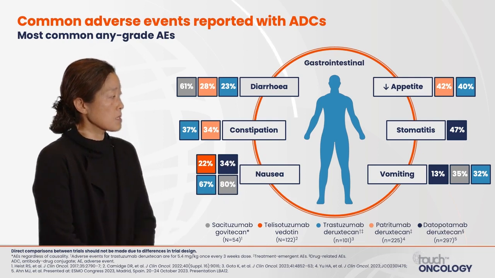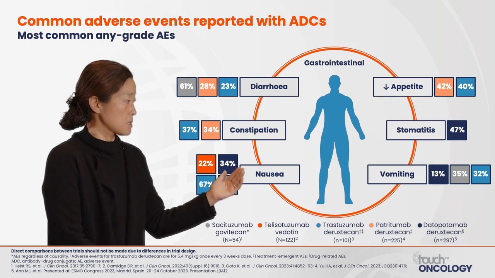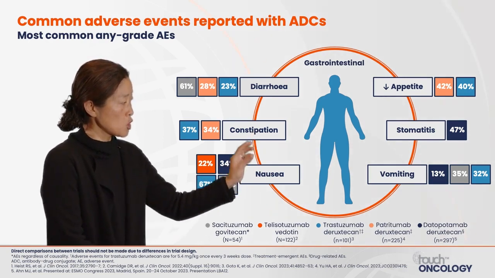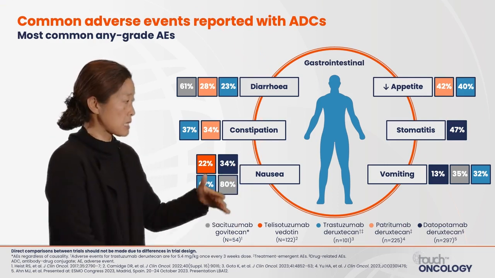And you can see the most common any grade AEs that are GI in nature include diarrhea, constipation, nausea, decreased appetite, stomatitis, and vomiting. And when you look at the distribution of these AEs among the different ADCs, you can see that they congregate slightly differently.